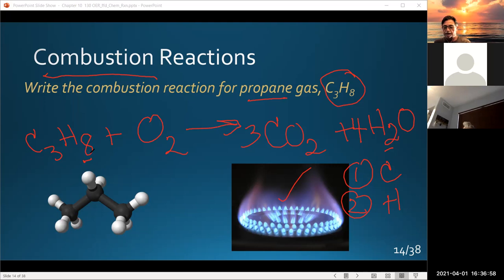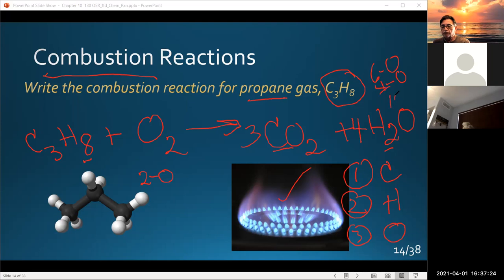That balances the hydrogens. So we got the carbons balanced, we got the hydrogens balanced. Finally, the last thing to balance is the oxygen. We got 2 O's over here, okay? But on this side, we have 6 O's coming from carbon dioxide and 4 coming from water.